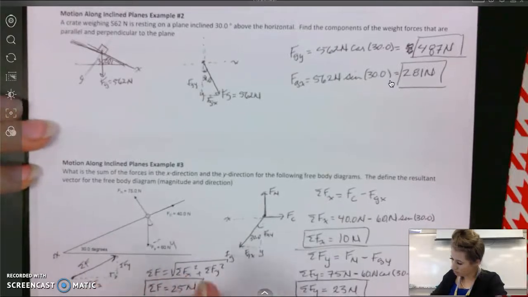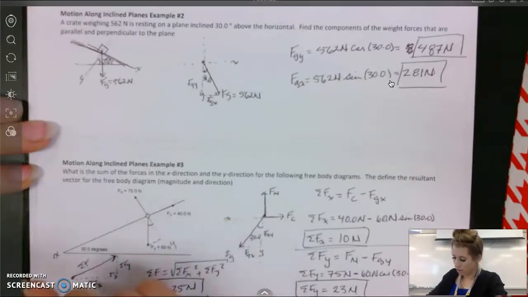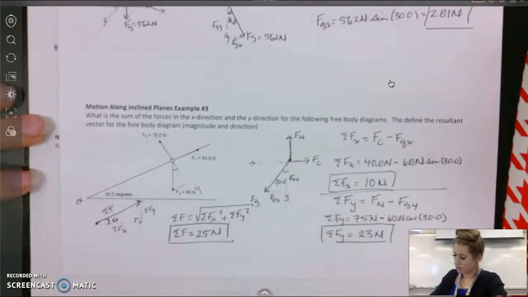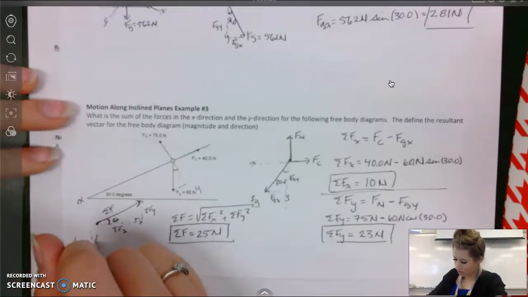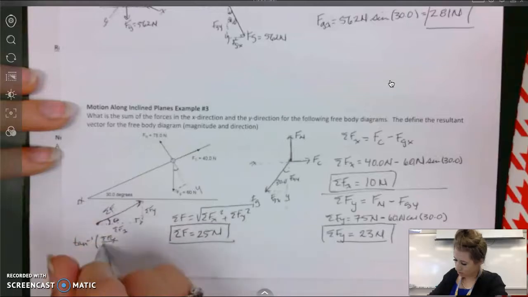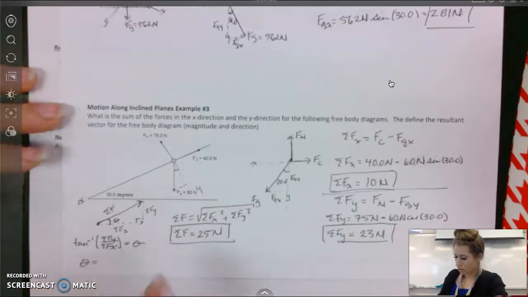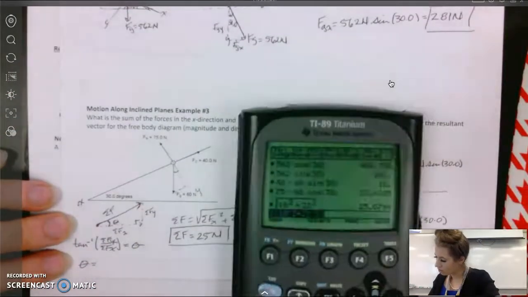That's the magnitude, but now we need the direction component. We need to know what angle we have going on here. So we're going to use tan inverse of opposite, which is the sum of the forces in the y, divided by the sum of the forces in the x, the adjacent, and that will tell us the tangent.